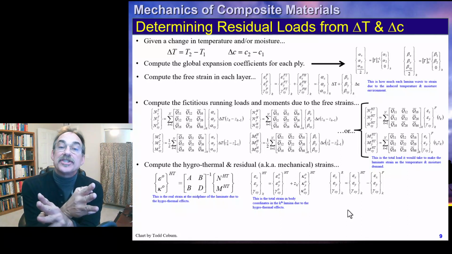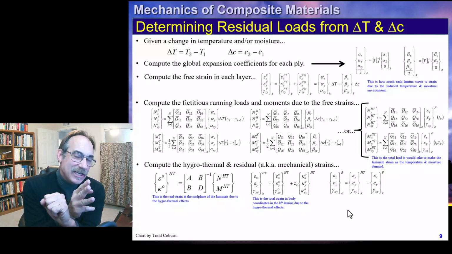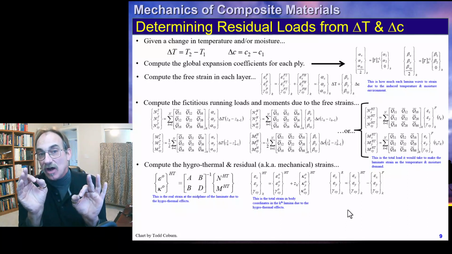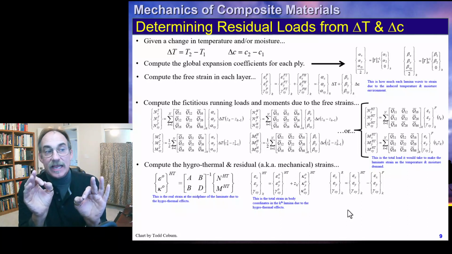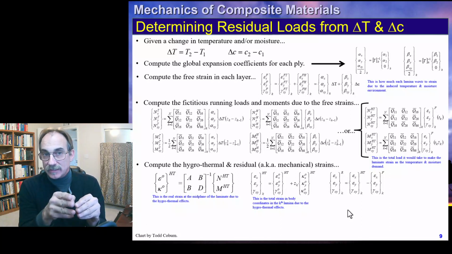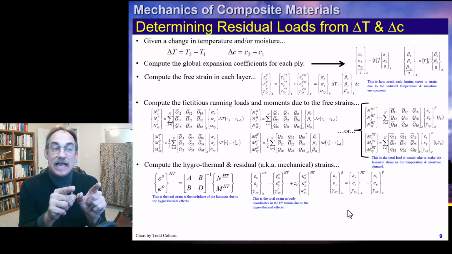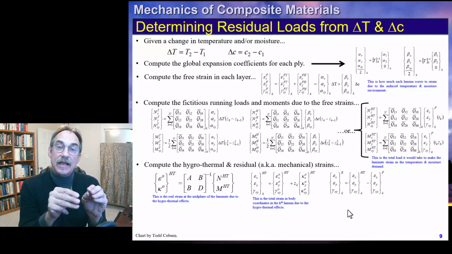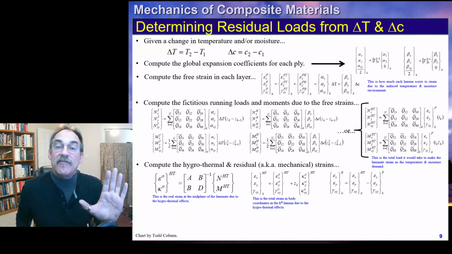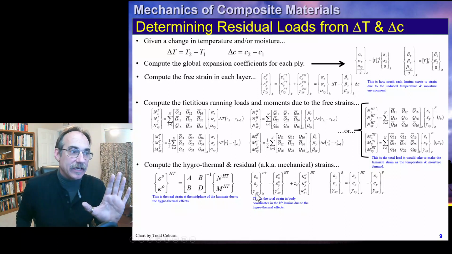That's going to give us 3 residual strains, which is the strain that actually causes stress. It's only a portion of the total strain on the lamina, but it's the part that induces stress. We're going to do this calculation for every ply. So if we have 5 plies, we're going to have 5 sets of residual strains.